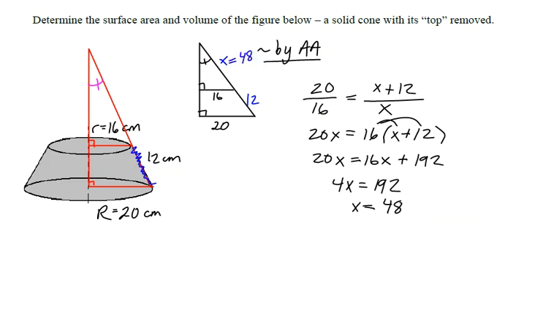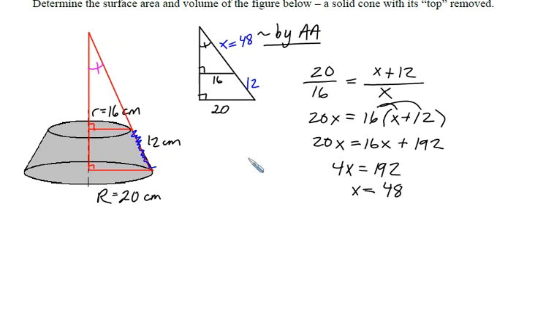And now if we want to solve for the heights of the two respective triangles, for the top triangle, here's what we have. We've got that the base is 16 and that the hypotenuse is 48, and we're trying to solve for that height. Let's call it y. We would have 16 squared plus y squared is 48 squared. Now we're not solving this in exact form. We're just going with decimals.